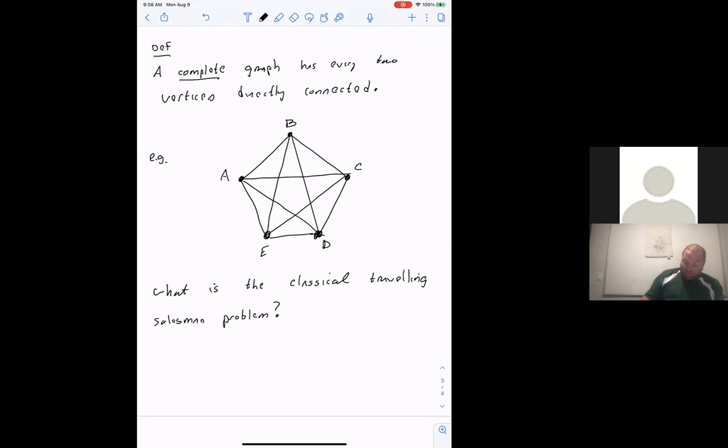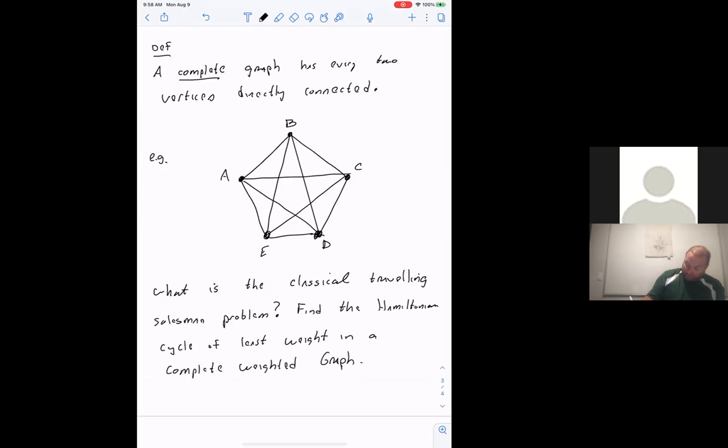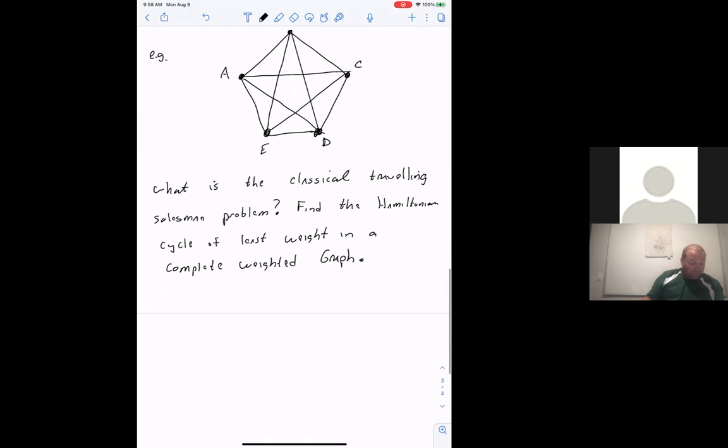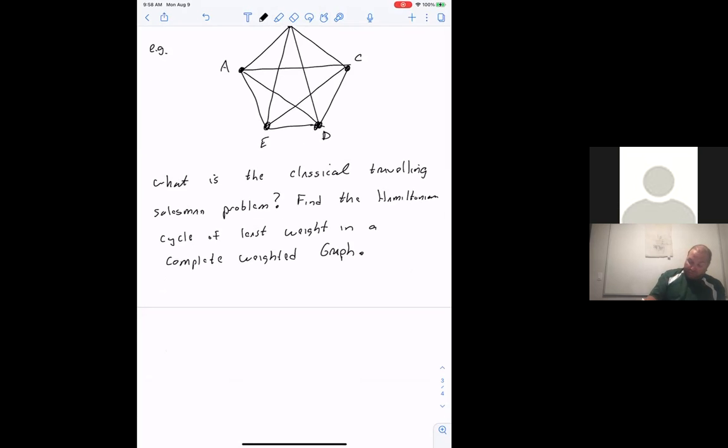The classical traveling salesman problem is to find the Hamiltonian cycle of least weight in a complete weighted graph. That's the classical traveling salesman problem.